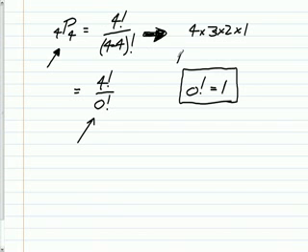So we define zero factorial as equaling 1. So please make sure that you make a note of this so that you don't have any issues when you're doing the work.